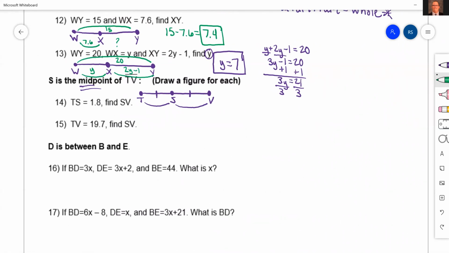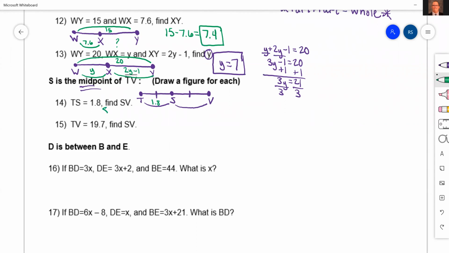Okay, so let's label 1.8 right here. 1.8. What is SV? Okay, well, we know they're congruent. Since they're congruent, that means the second half has to be the same as the first half. So SV equals 1.8 also.